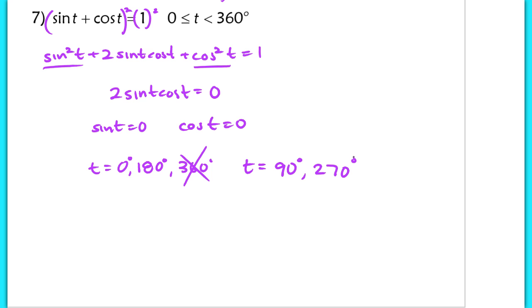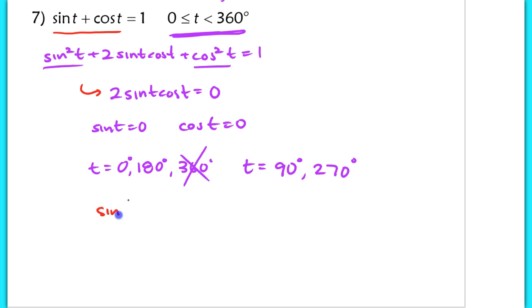So it looks like we have 4 different solutions here within this restricted domain. Now, the problem is that that doesn't necessarily work within our original equation. We've changed that equation, which might have all 4 of those solutions, but the original might not use all of those solutions.